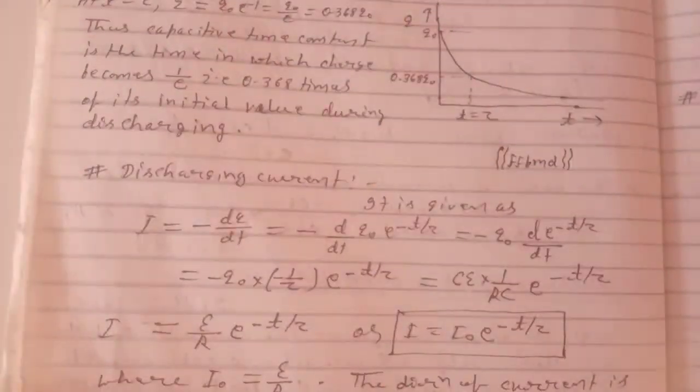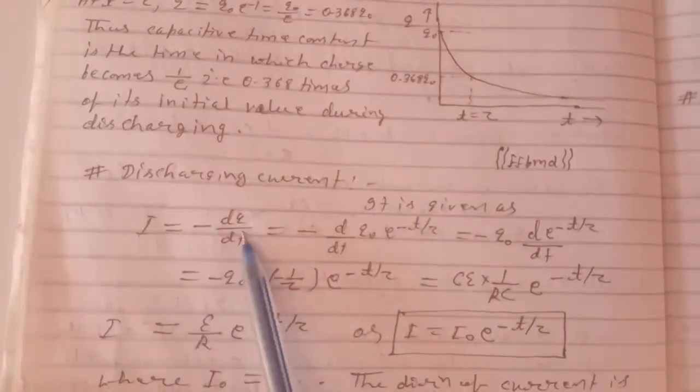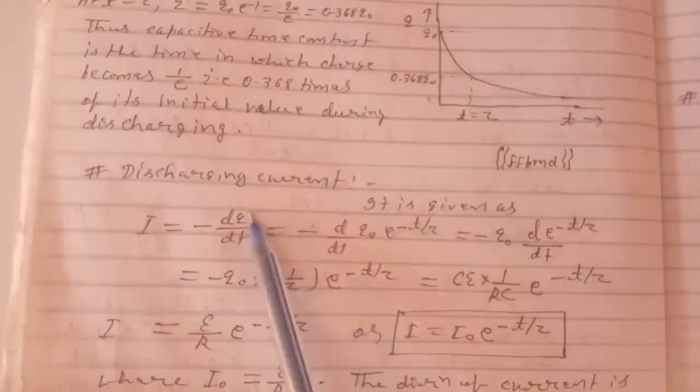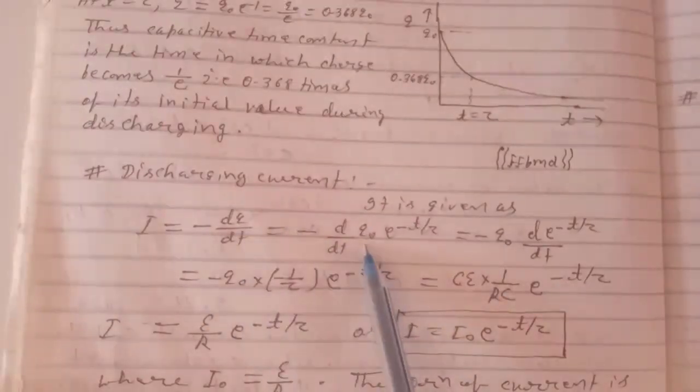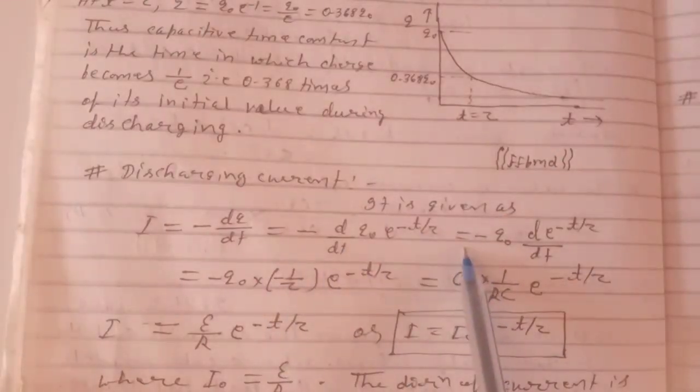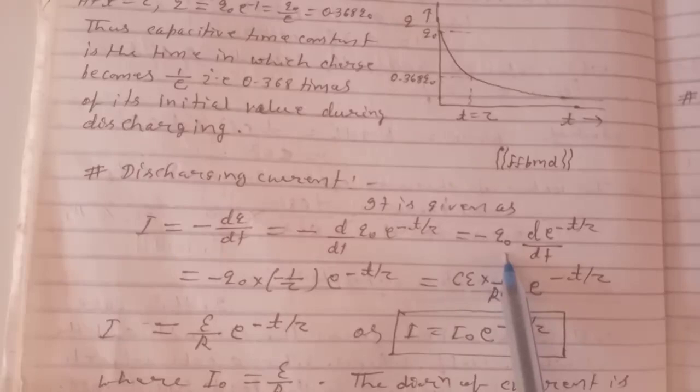Now the discharging current is given by I equals minus dq by dt equals minus d by dt of q, putting the value of q here, q naught e to the power minus t by tau. Now q naught is constant, so it comes out of the differentiation: minus q naught d by dt of e to the power minus t by tau.